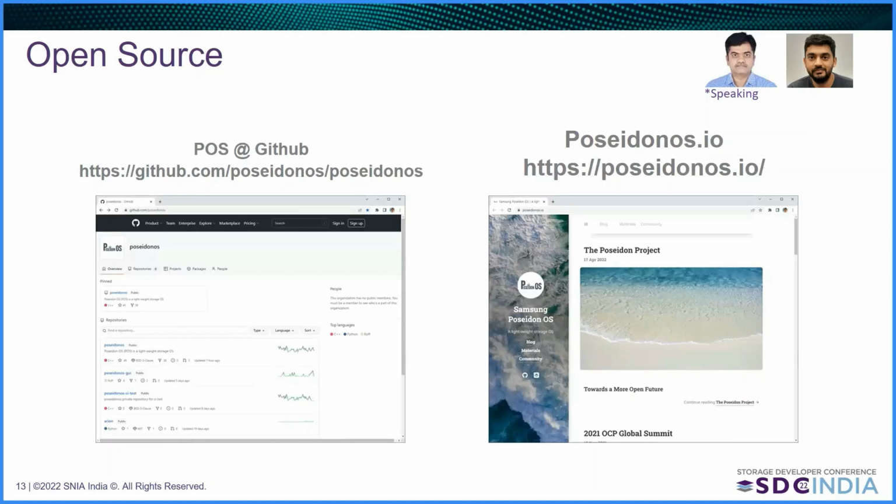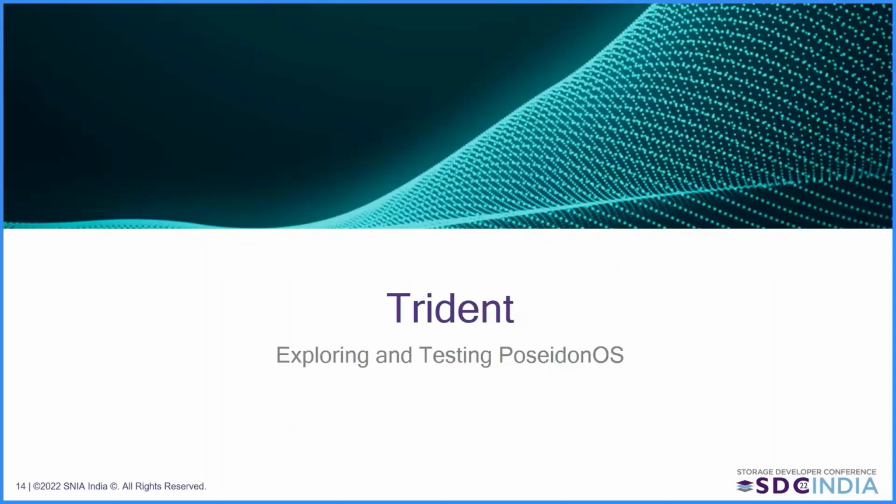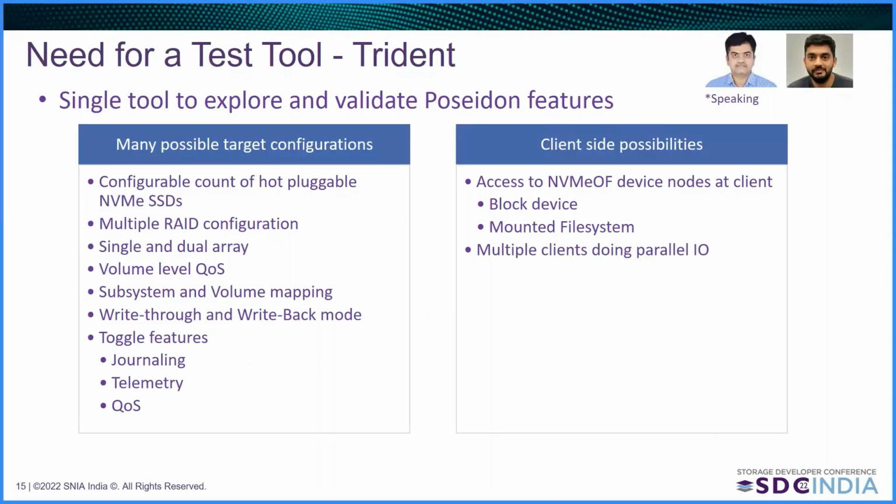Let's look into the design and utility of Trident. Before getting into the Trident tool, we need to see why a test tool is needed. If you look at the configurations possible for Poseidon OS, the possibilities are innumerable.